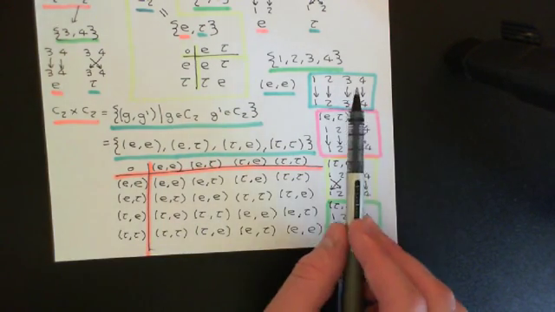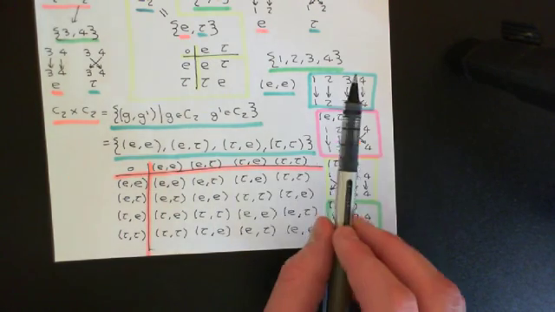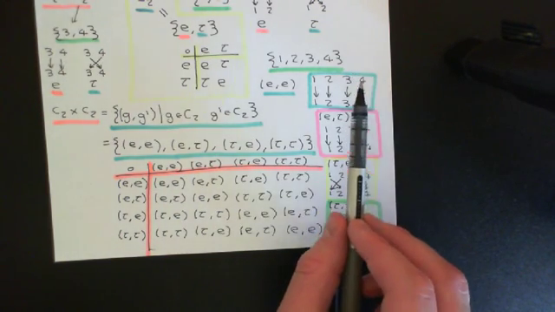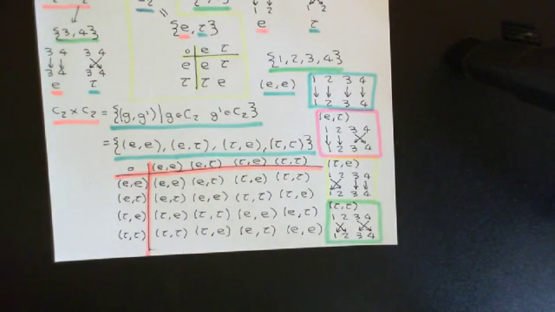Okay, so this composition table now just relates exactly to the composition of these set permutations that I've drawn here.